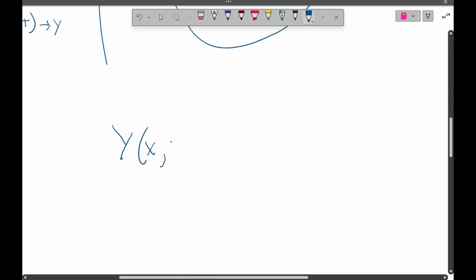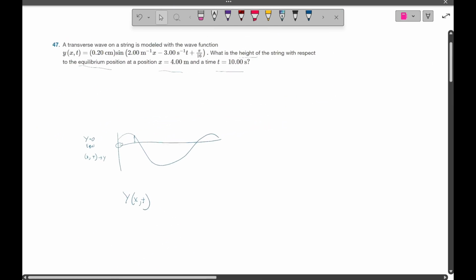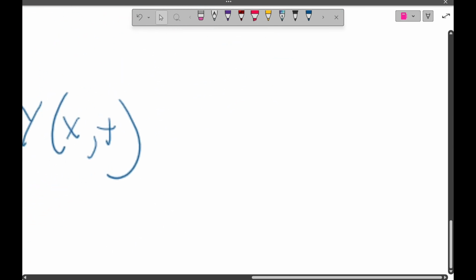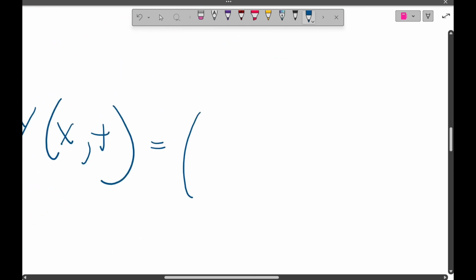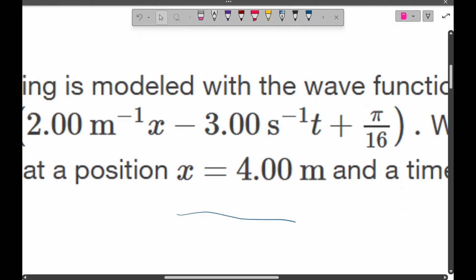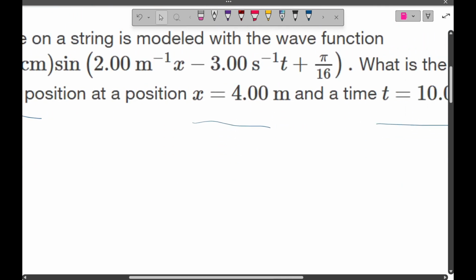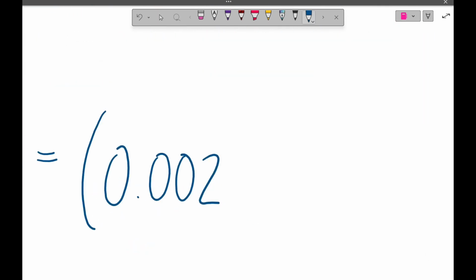y of x and t is equal to, I'm going to convert this, 0.2 centimeters divided by 100, and we get 0.002 meters.